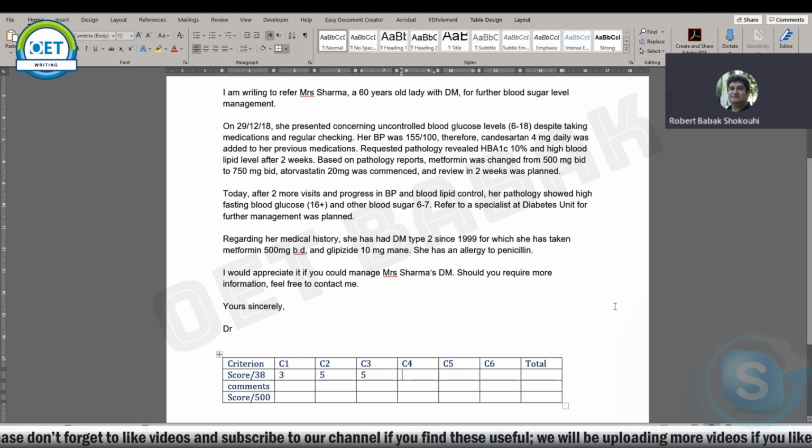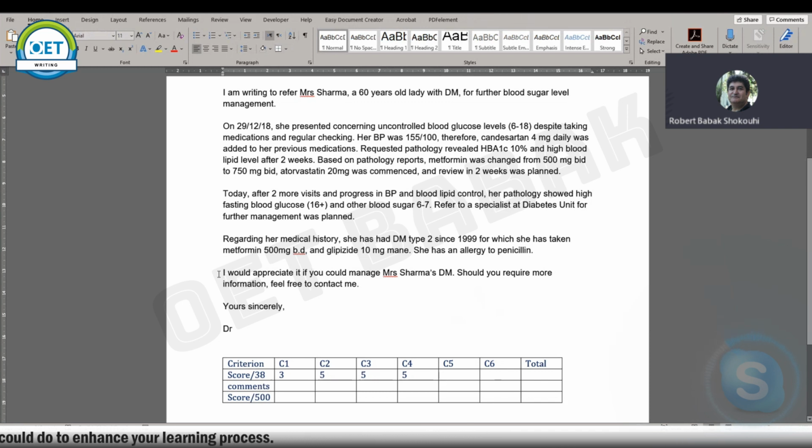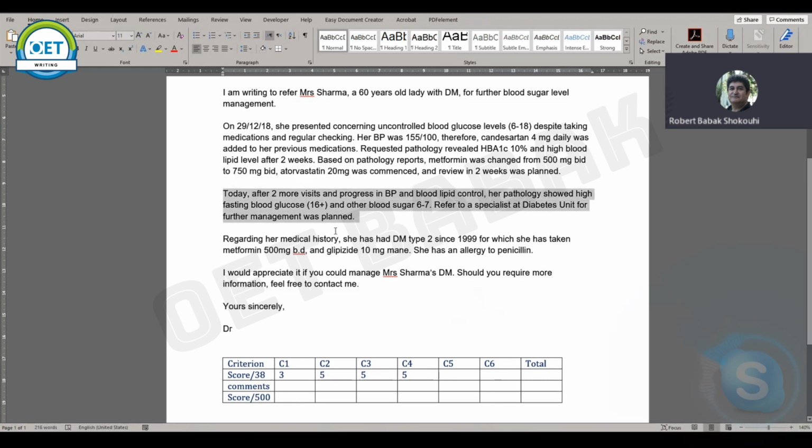And we go to the same level. It doesn't interfere with understanding. Organization is much better. I would probably say you could put this part, which is the reason for referral, here, just before this part. And the other thing is, basically, what you're saying is referral to endocrinologist was planned.